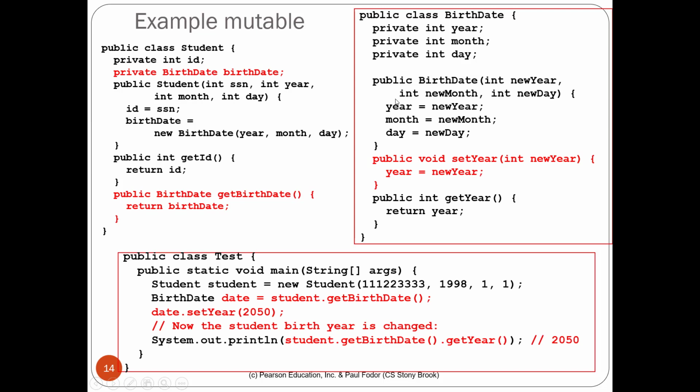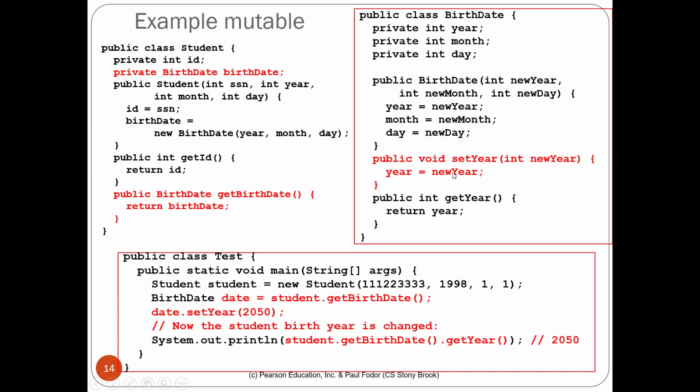Then you have a constructor for BirthDate, which will accept year, month, and day information, and it will create the object when you invoke this method with new. Right here we are calling it. That's how you will create an object of type BirthDate class. And right here you have a setter method.